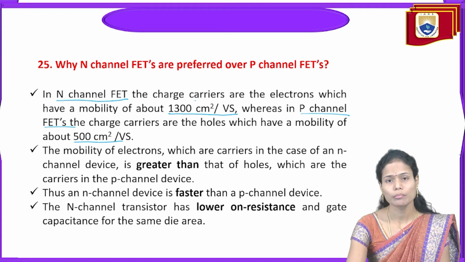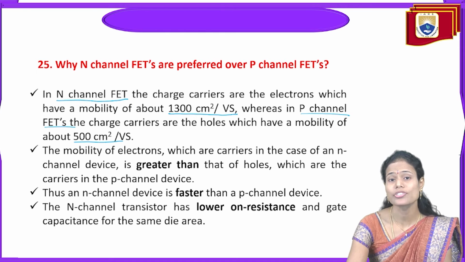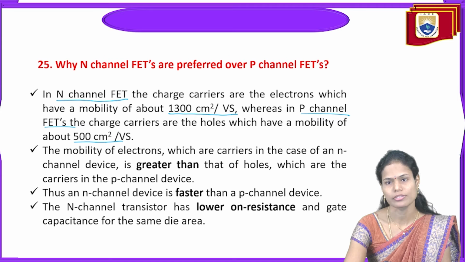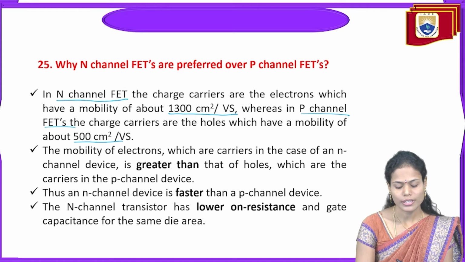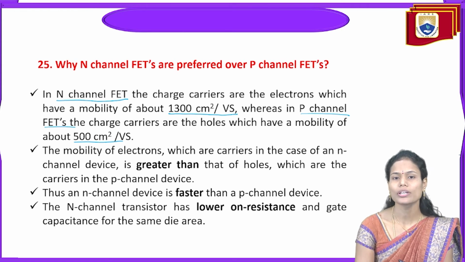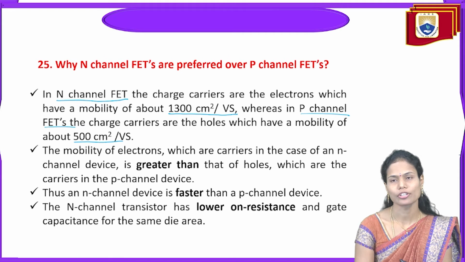That is nothing but the mobility of electrons in the N-channel FET is very high compared to the mobility of holes in the P-channel FET here. So because of that reason, N-channel devices are faster than the P-channel devices. And also the N-channel FET has lower on resistance compared to the P-channel FET.